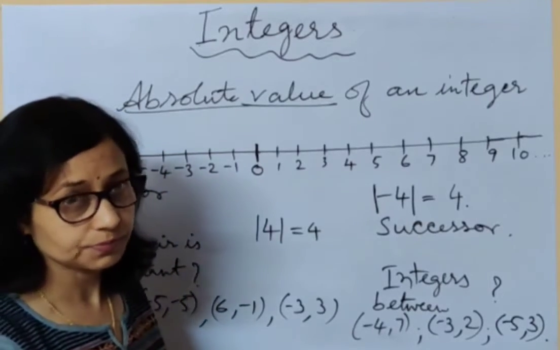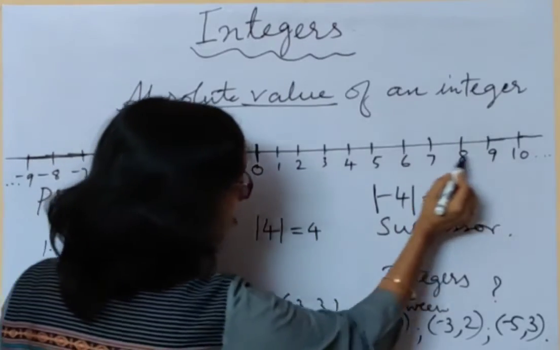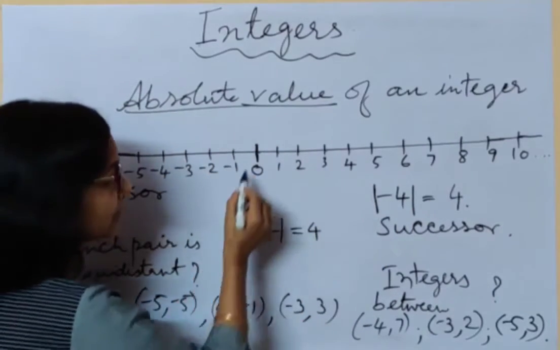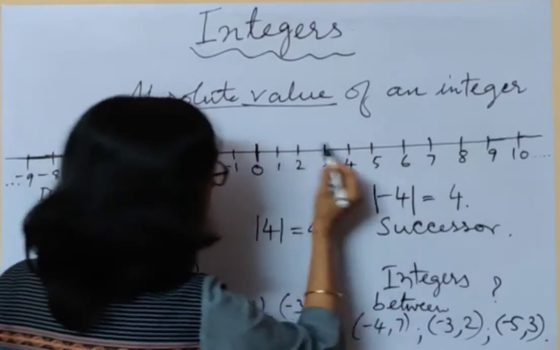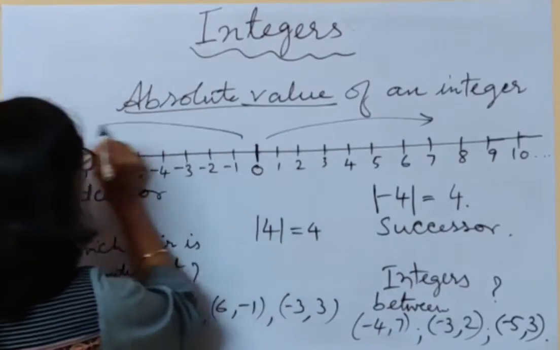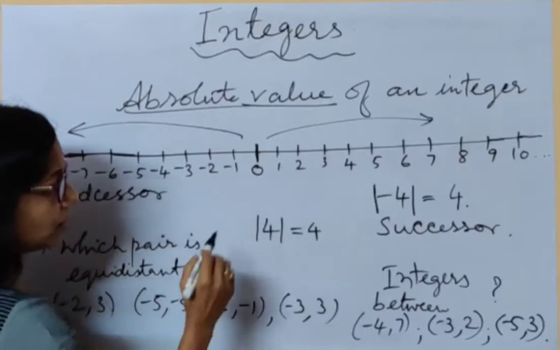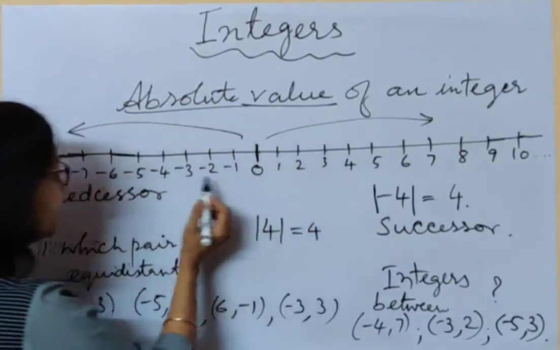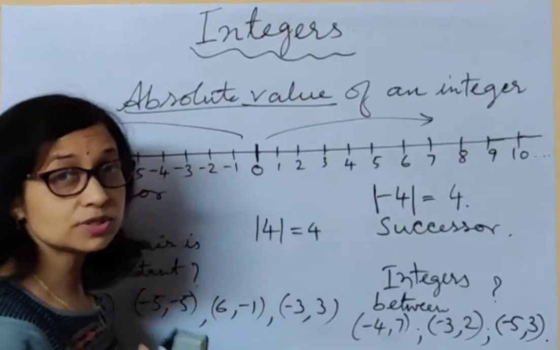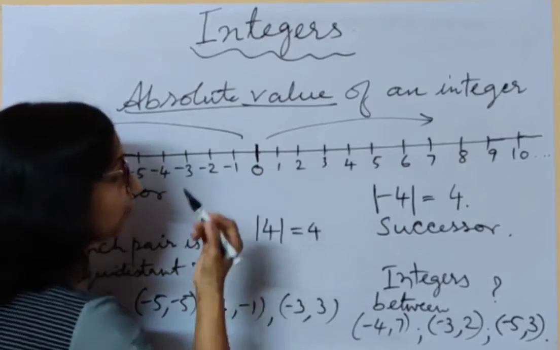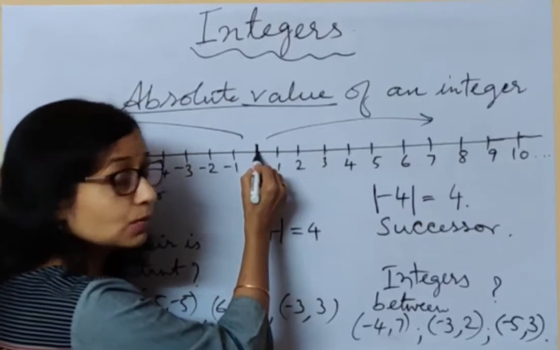The reason is that the numbers are placed equidistant from 0, regardless of direction, whether it goes to the right or to the left, forward or backward, increasing or decreasing. So regardless of direction and sign, we count the number of units from 0.